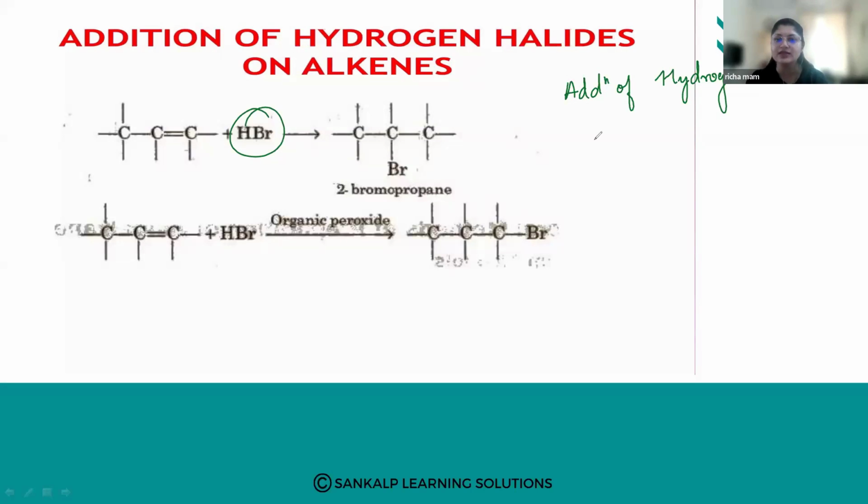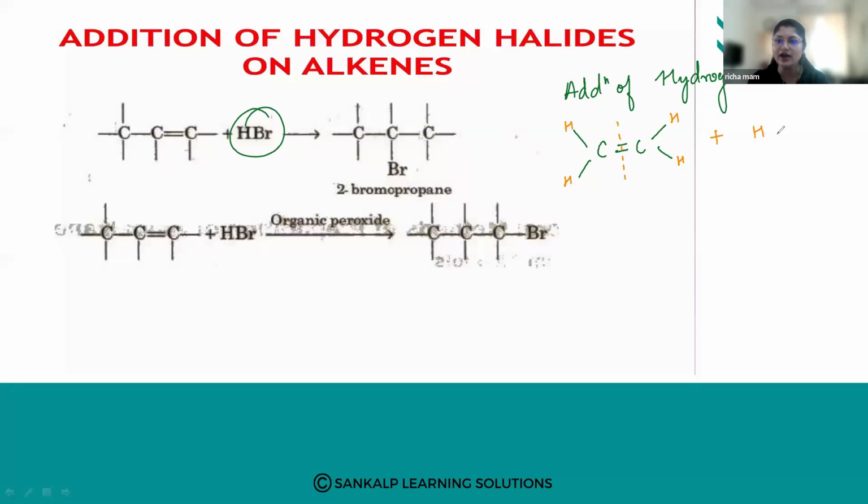Suppose I have a symmetrical alkene. Now, what do you mean by symmetrical alkene? If I put a line in the center, you can see on either side the same number of atoms are present, the same identical atoms. So this is said to be a symmetrical alkene.